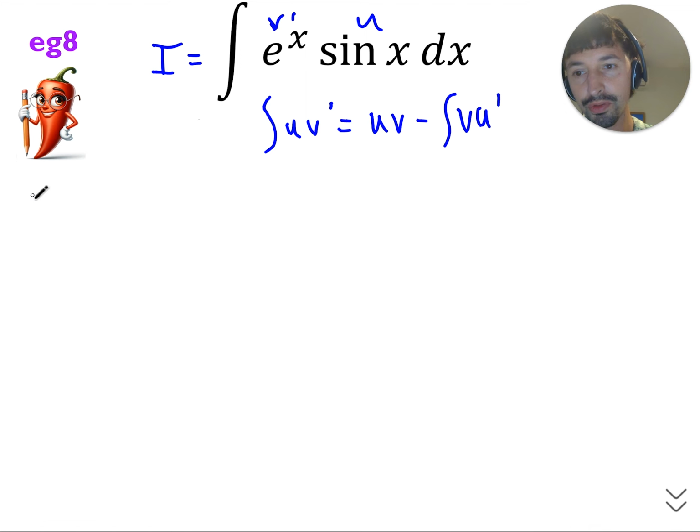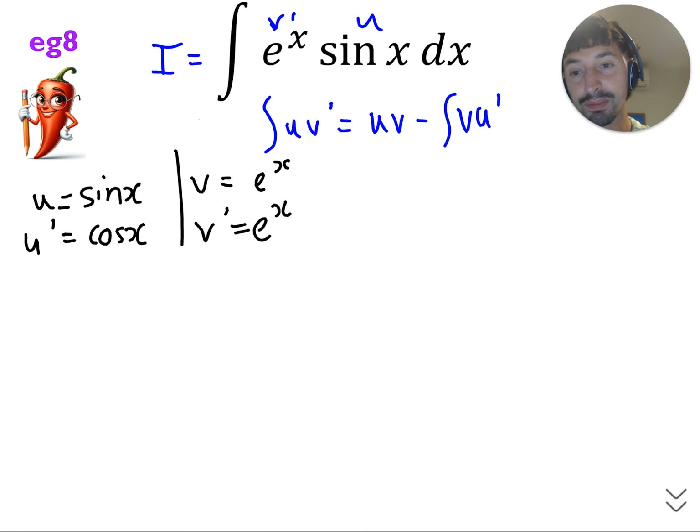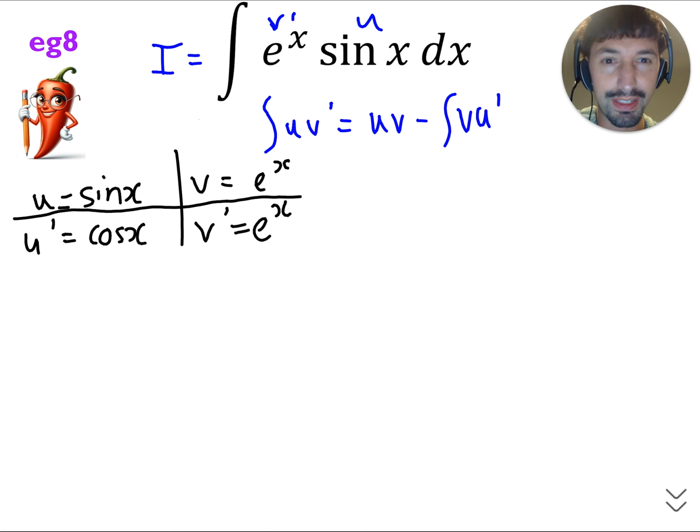So if we had u equals sine x, then your u dash would be cos x. If your v dash was e to the power of x, then if we integrate e to the power of x, we get e to the power of x. That is one of the nice reasons for choosing e to the power of x to be your v dash, because it's quite an easy thing to integrate.